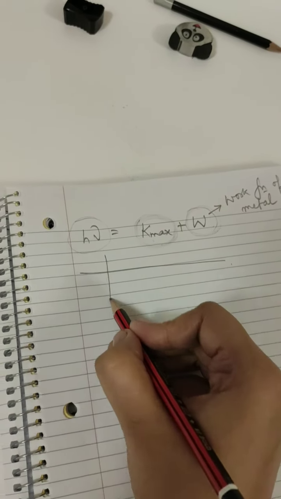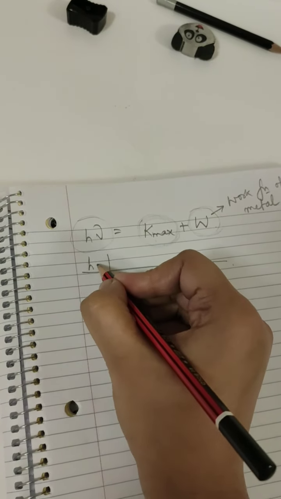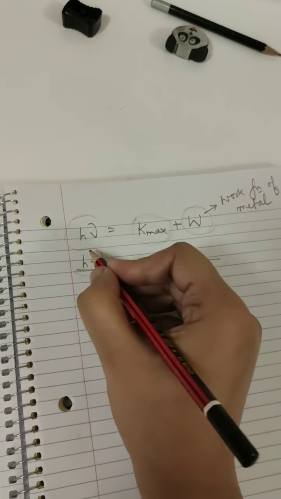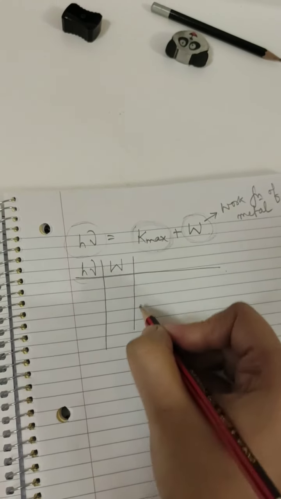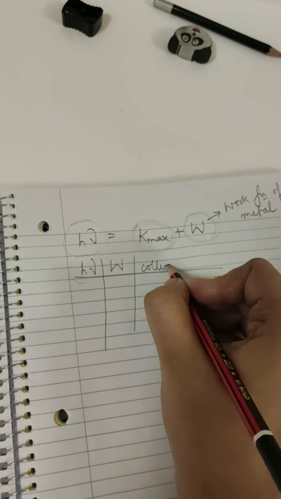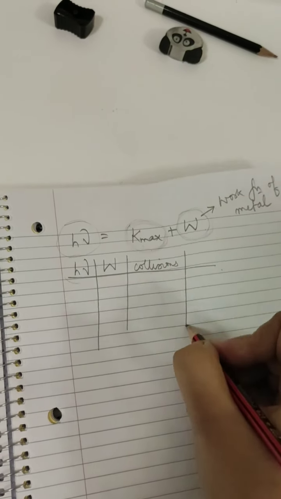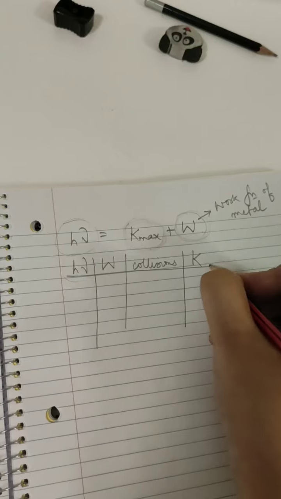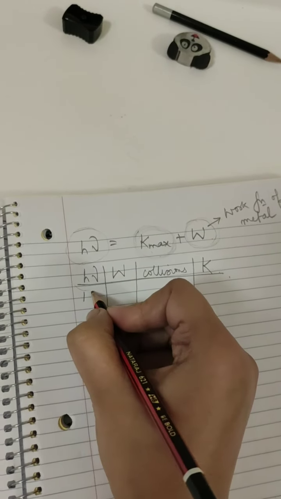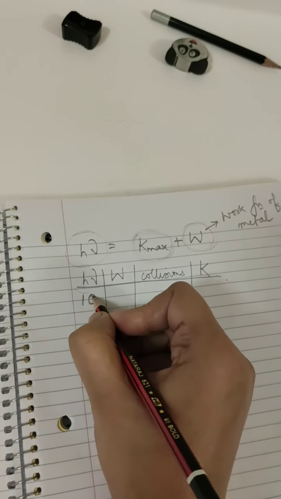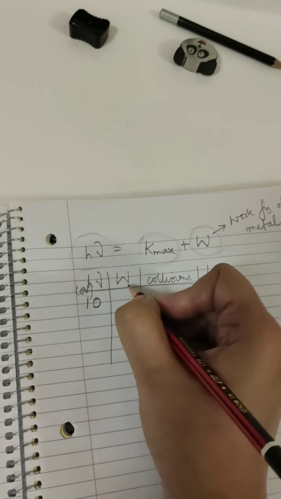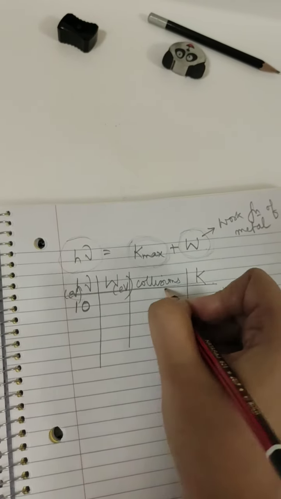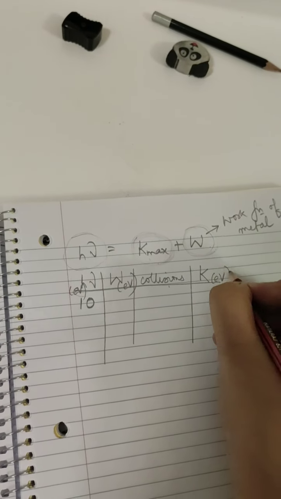We can show you: this is the energy of the photon, this is the work function of the metal, these are the collisions, and this is the kinetic energy with which it is coming. Suppose the energy of a photon is 10 eV. This is in eV, this is in eV, this is collision, and this is in eV.